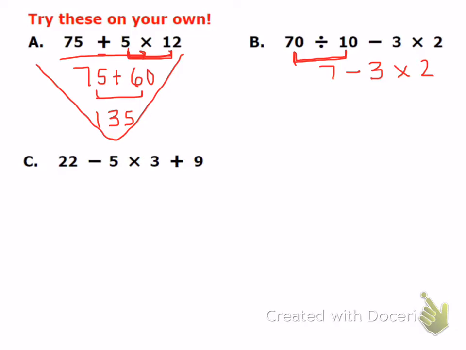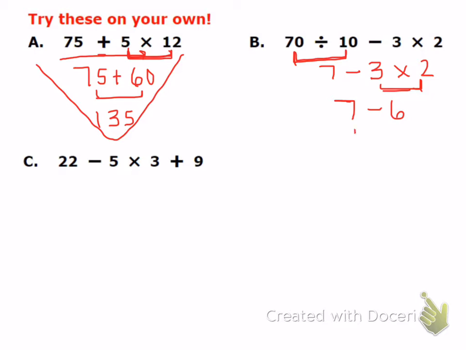7 minus 3 times 2. I still have to look for multiplication and division in my problem. So I have a multiplication, so I have to do multiplication first. 3 times 2 is 6. I should have had 7 minus 6 then, because I just solved that part.